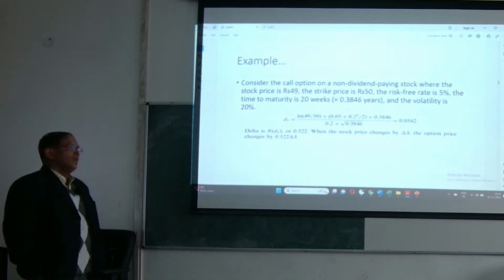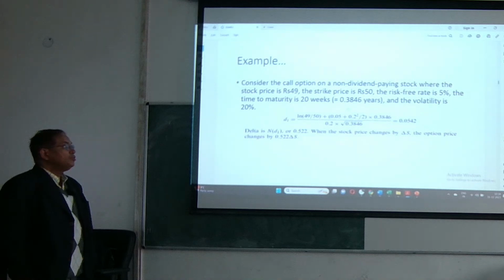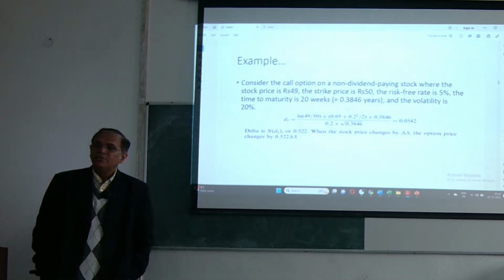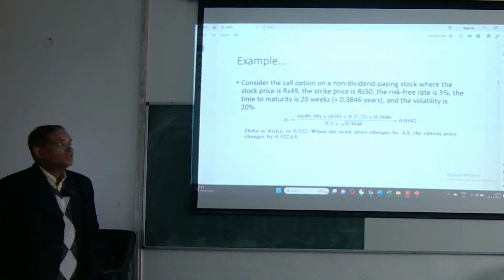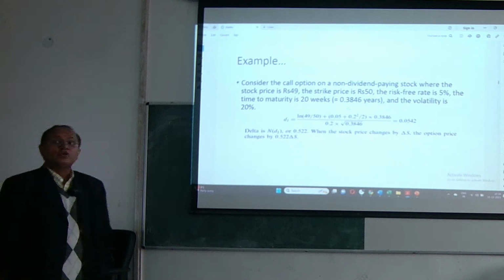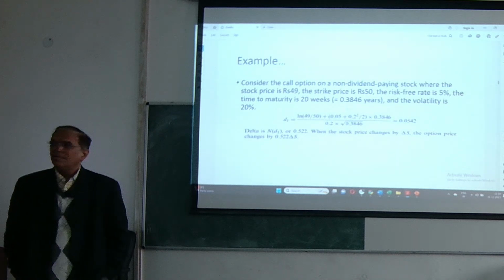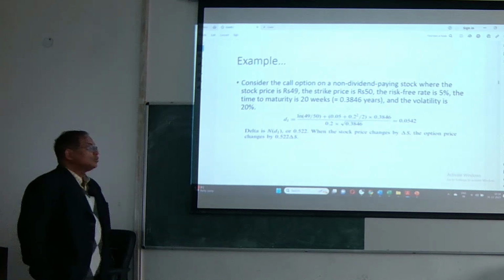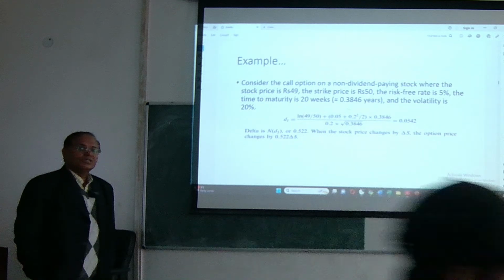The risk-free rate is 5%. Time to maturity is 20 weeks, which of course needs to be converted into years. 20 upon 52, since there are 52 weeks, you will get that value, and the volatility is 20%. So you will find out how the value is applicable.